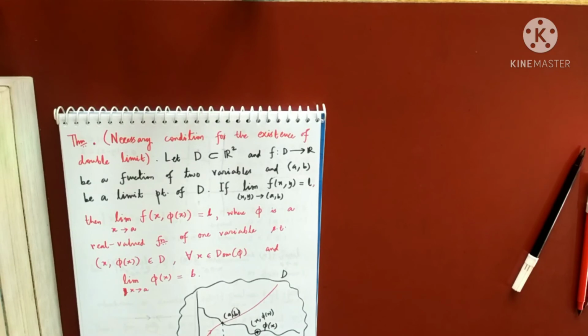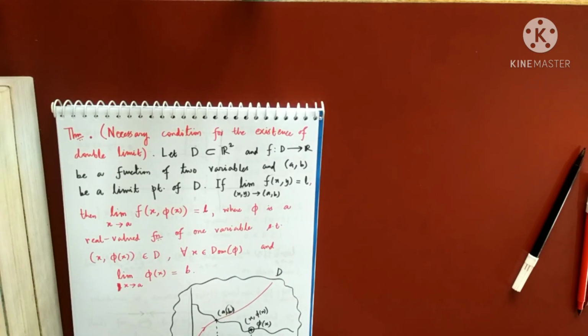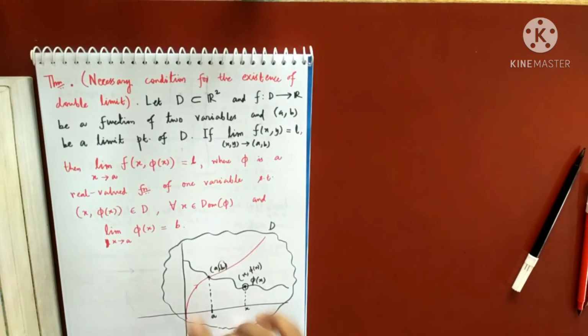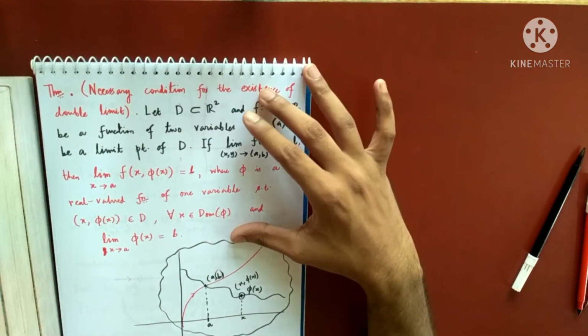So remember the use of the theorem. This theorem will not be used to find the limit, because if you want to find the limit using this theorem, then you have to check all possible paths. That is not at all possible. But what will be the importance of this theorem?